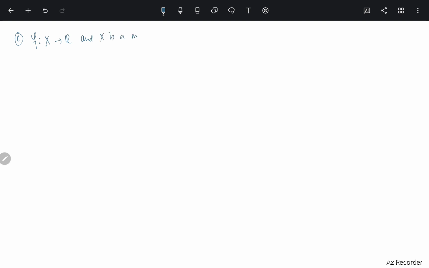Now if I ask you, can you generalize the idea of Lipschitz continuity to this space? Can it be done? Actually, it can be done, and you can of course see how you can do it. So please do it yourself, but I'm just giving you an idea.